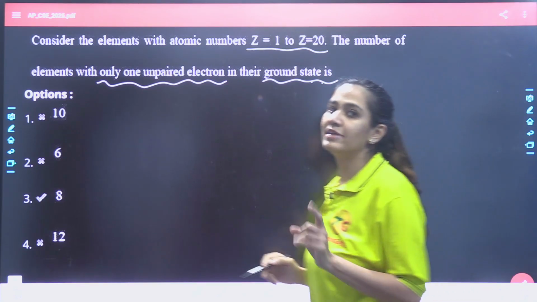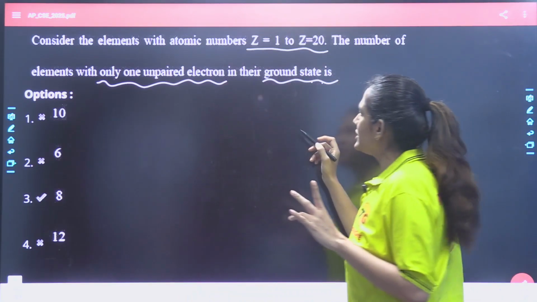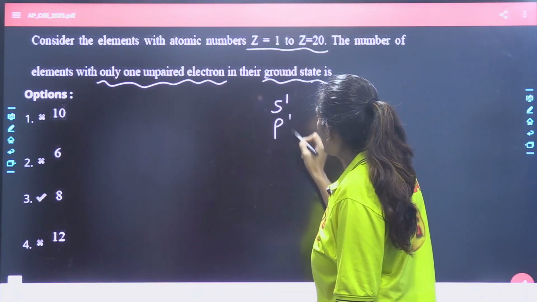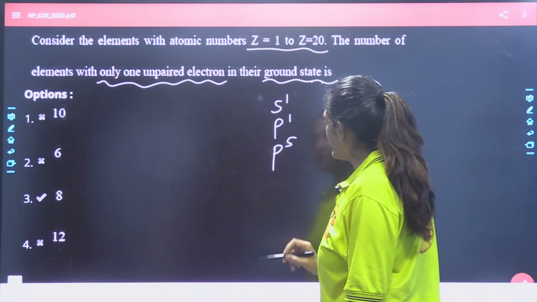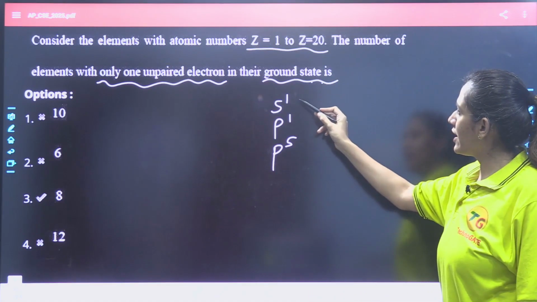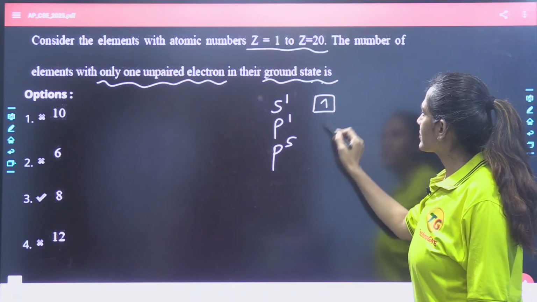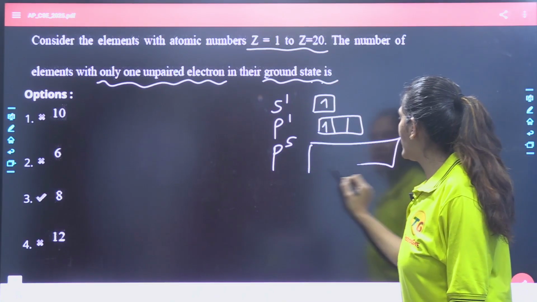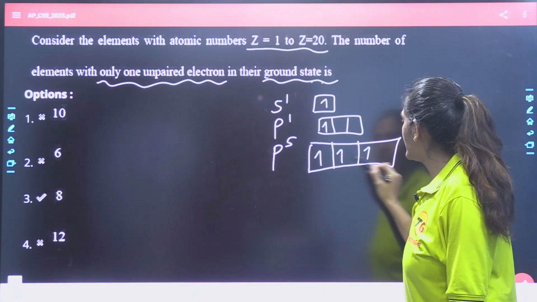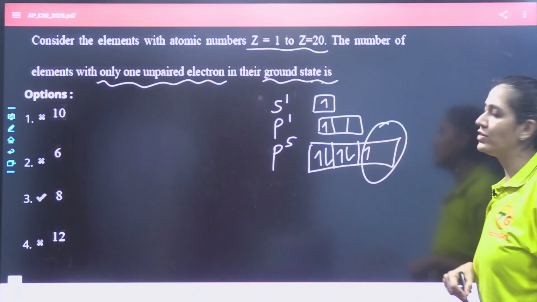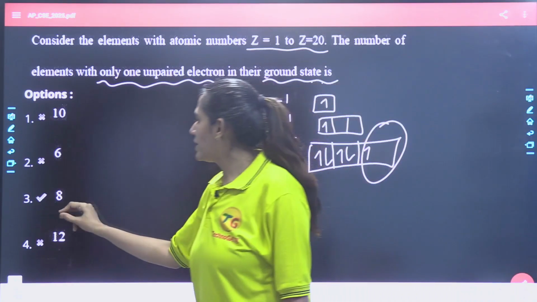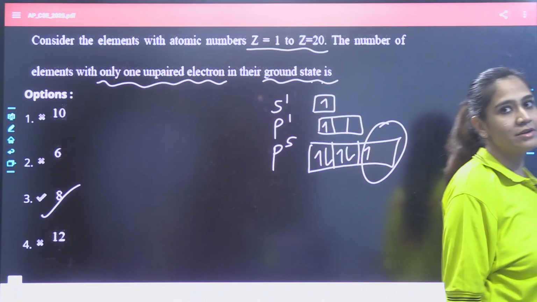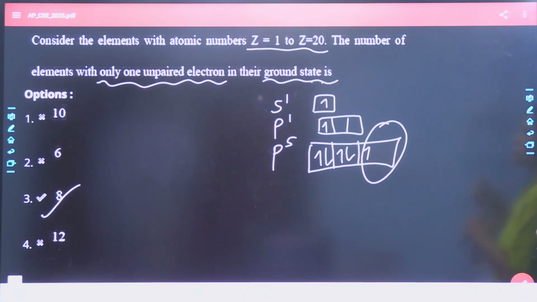It could be in the form of s1, or p1, or p5, which also gives 1 unpaired electron: 1, 2, 3, 4 and 5. So in total, 8 elements have 1 unpaired electron in their ground state. Clear? So the answer for the first question is 8.